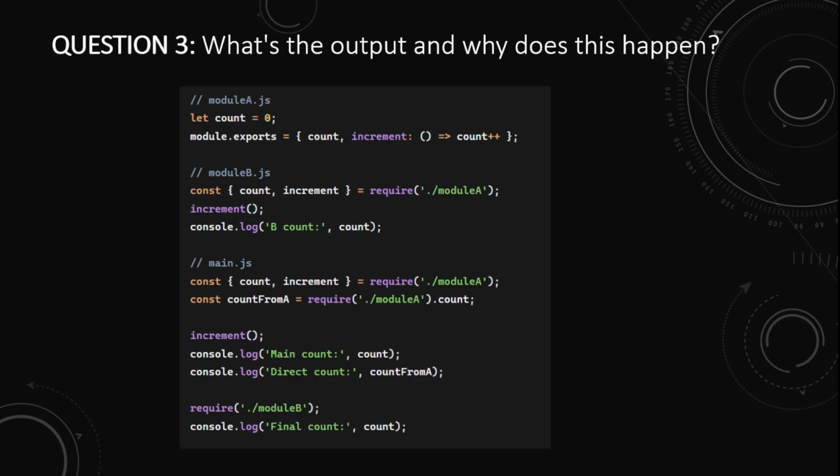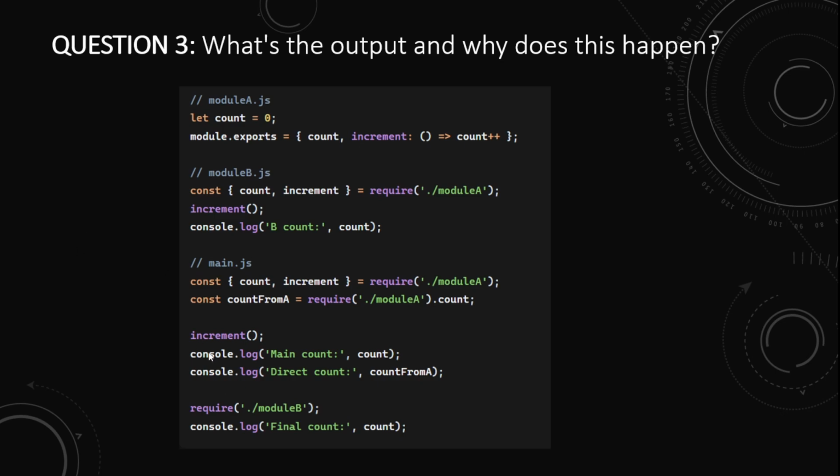Thus, when in main.js the increment is executed, it updates the value of count to 1 in module a.js, but the count which was imported already holds the value 0 because it came via the copy by value method.